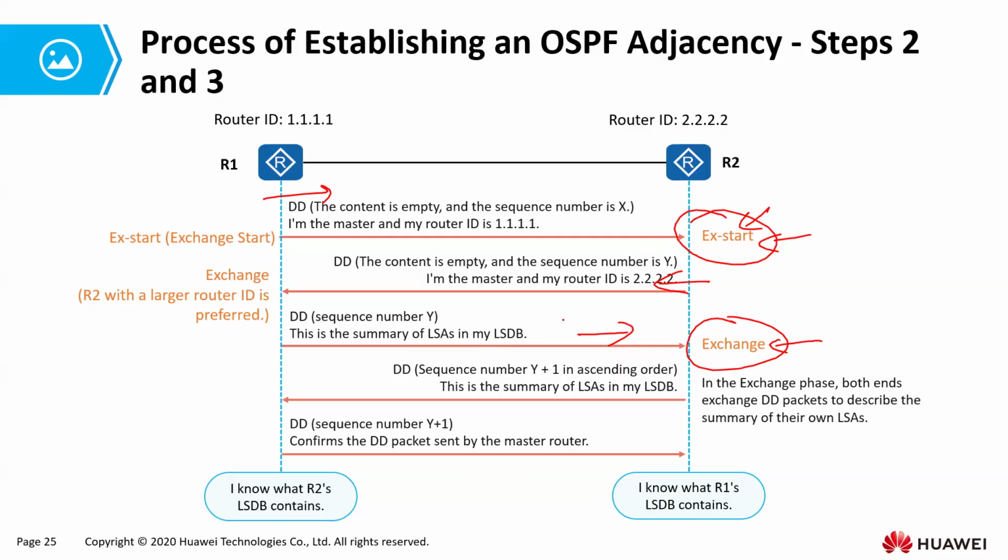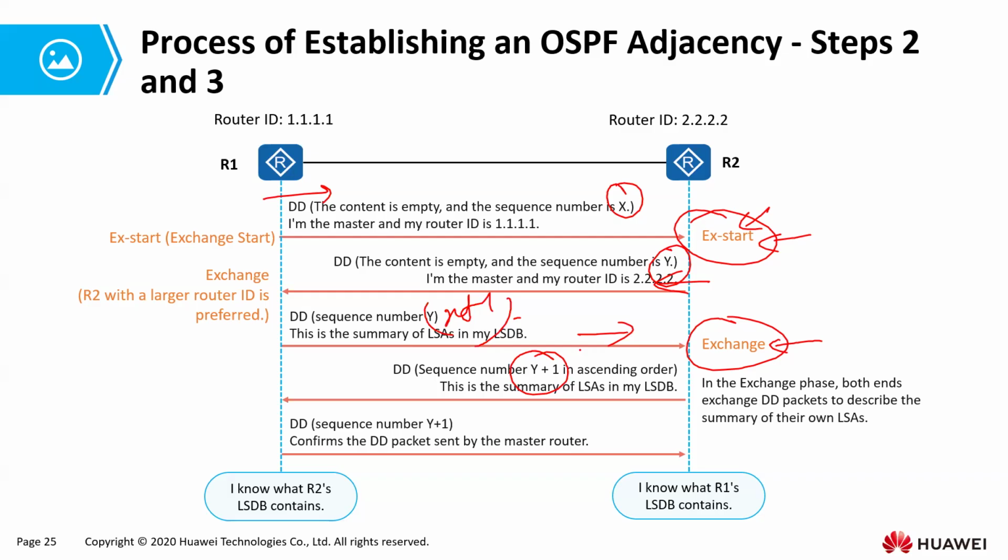So you can see we have exchange X, then we have exchange X plus 1. I cannot see it. We have exchange Y, then we have exchange Y plus 1. I think this should be X plus 1. Which one? This is X, this is Y. This should be X plus 1, this one. And I'm not sure why it's Y. X plus 1. So we have multiple exchanges here.